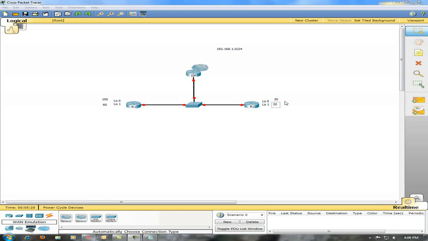Actually, you know what, let's just make this 12. Alright, so there's all our loopbacks and what they need as far as addressing goes.